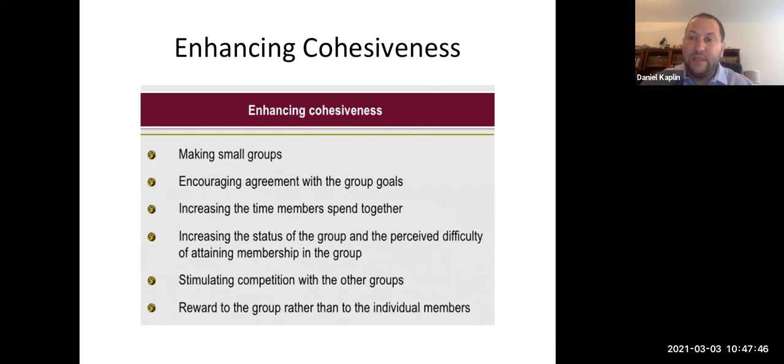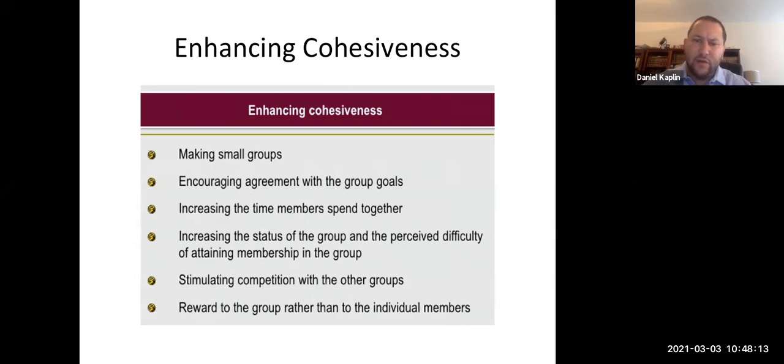Increasing the time members spend together is important, right? The longer the group runs, the more people bond. In fact, when we talked about open groups that don't have a specific endpoint, people can stay for years, but you see them really bonded to one another.